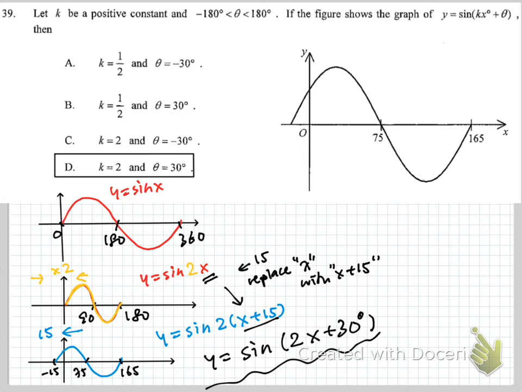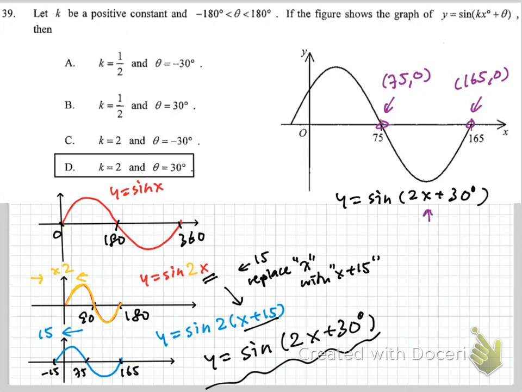Now finally, you can check the answer. Don't forget, you can always check the answer. So on the diagram, let me find checkpoints. Right, this is a good checkpoint. When x is 75, y should be 0. Right. So likewise, this is also a checkpoint. When x is 165, y is also 0. So you can take this equation and try to go through the test, all right, to see when x is 75, what is the corresponding value in y?